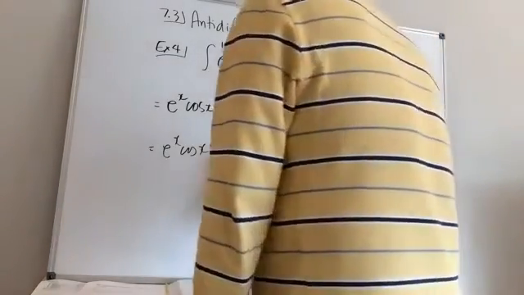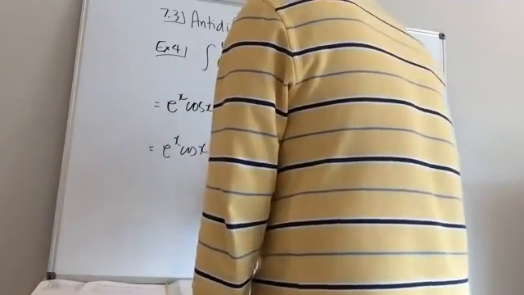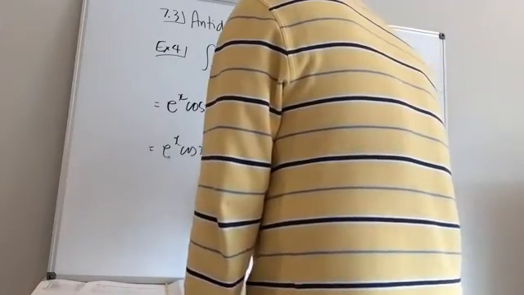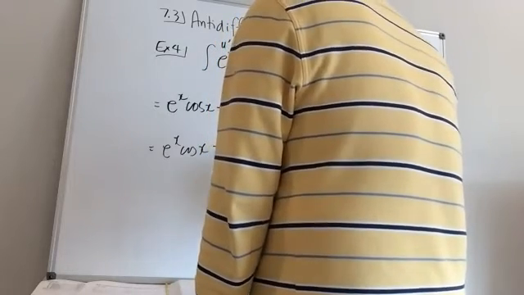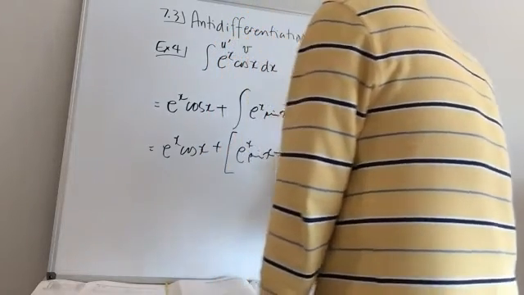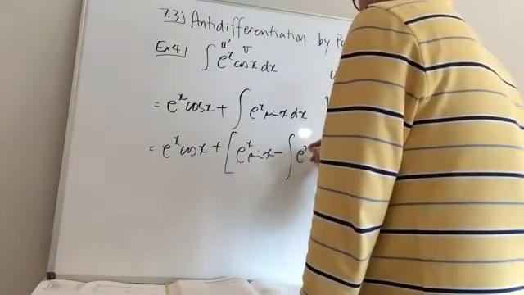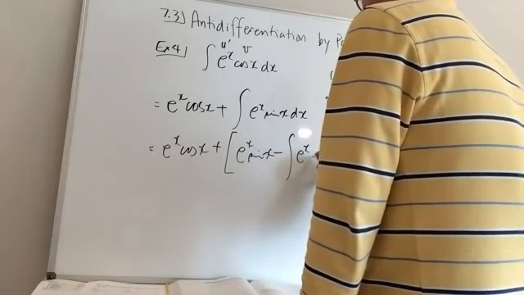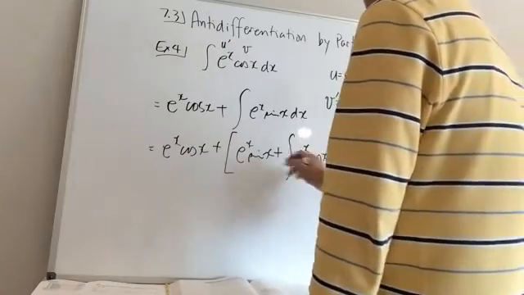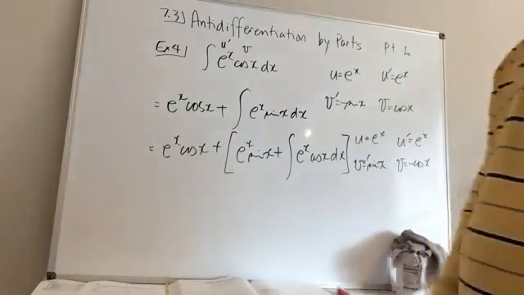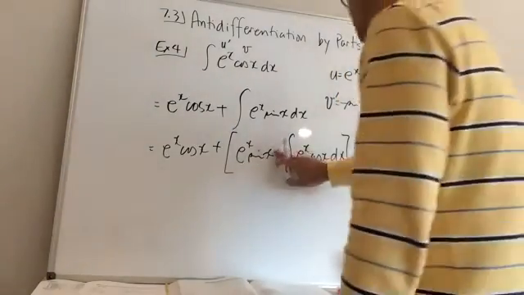So this is going to be equal to e to the x sine x minus, well, I'm going to get e to the x cosine x dx. There's a negative there, so it becomes positive. Oh, this is negative, I'm sorry, negative.